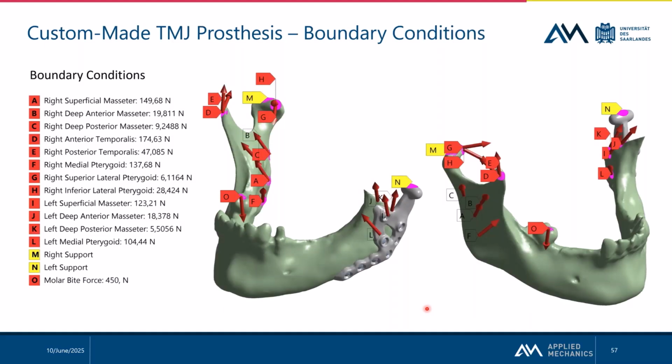We used the standardized musculoskeletal simulation in AnyBody, and this is the standard symmetric mandible model published in the early 2000s. And our loading condition was a molar bite force of 450 Newton placed on the right molar, and then we compute all the different muscle forces listed on the left side, and we apply them all in our Abaqus simulation. In the industrial workflow, they applied all the muscle forces in an AnyBody simulation.